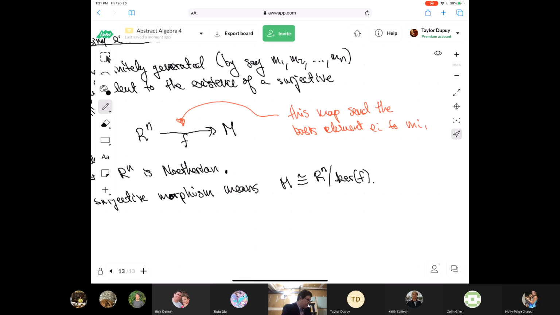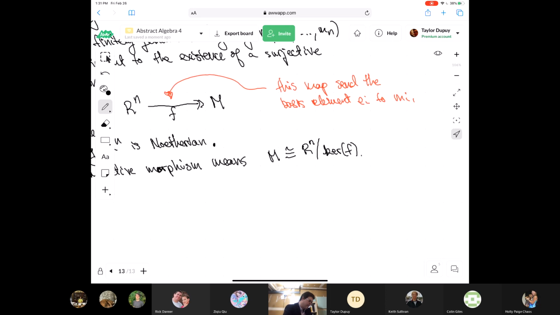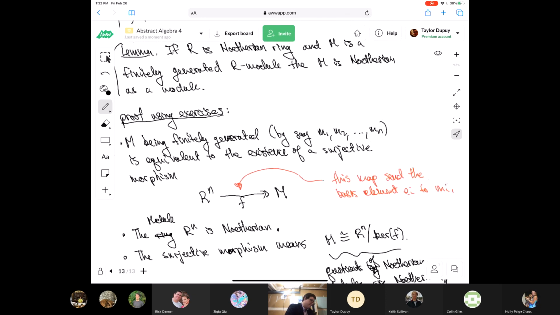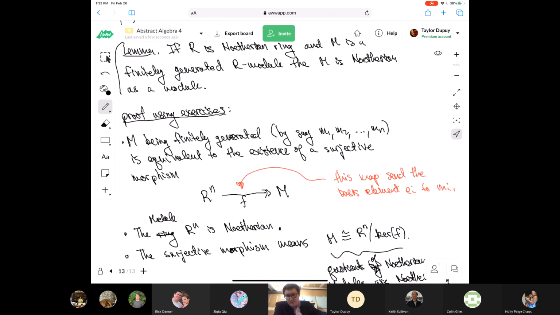So this is a quotient of a Noetherian module, and quotients of Noetherian modules are Noetherian. Good times. So now we know that finitely generated modules over a Noetherian ring are Noetherian.